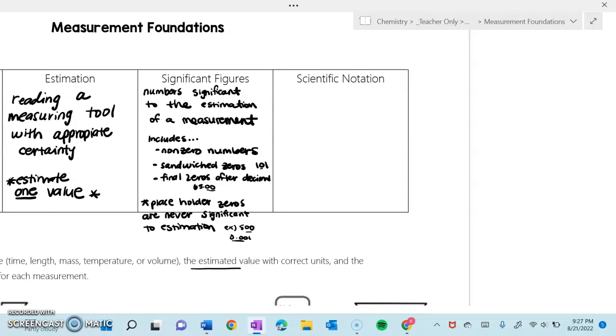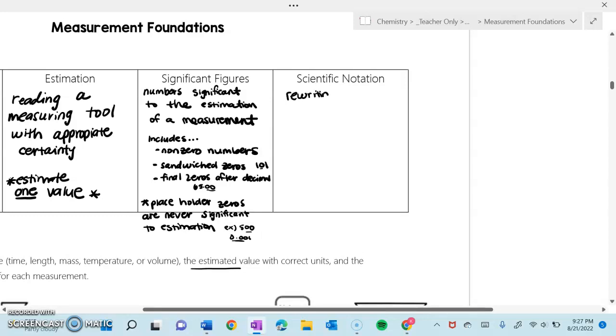So our scientific notation, we're going to define that as rewriting very large or very small numbers, specifically measurements.